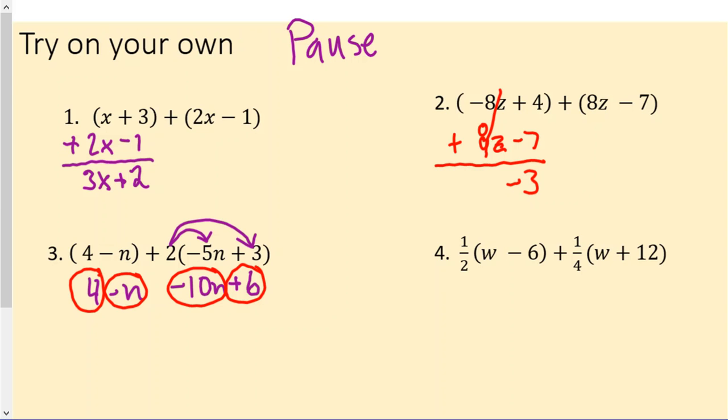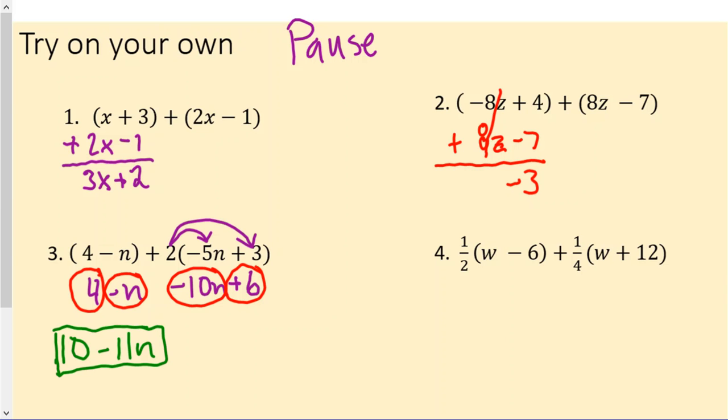So first I'll do positive 4 plus 6, which would give me a positive 10. And then I have minus n minus 10n. So those are both negative, so that would give a negative 11n. No more parentheses, no more like terms. So number 3 is simplified as 10 minus 11n.